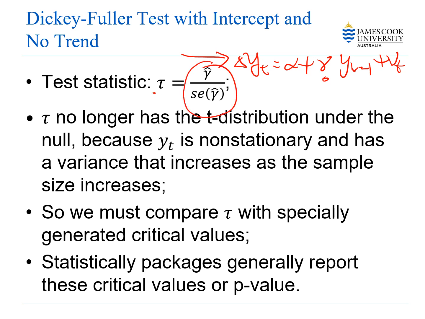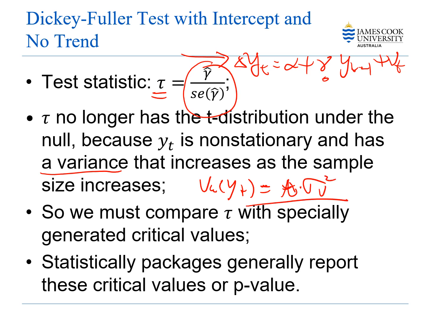However, we're going to call this tau. This tau no longer has a t distribution under the null. Remember, the null hypothesis is that our process y_t is a random walk, it's non-stationary. Because y_t is non-stationary, its variance increases. We can show that it's actually t times sigma_v squared, increasing over time.